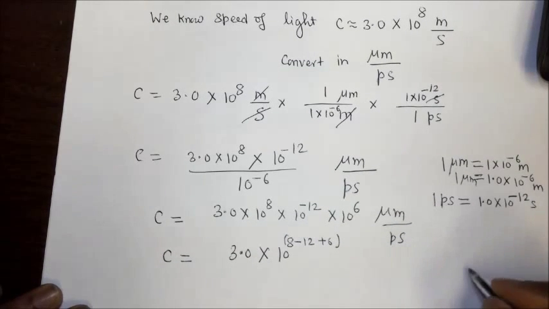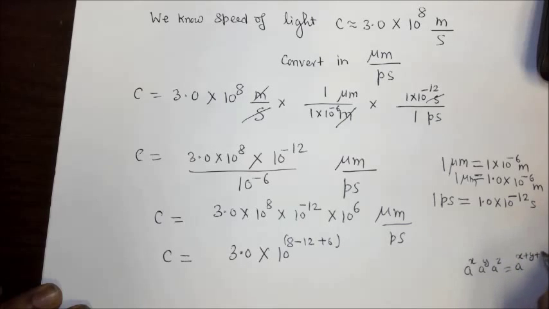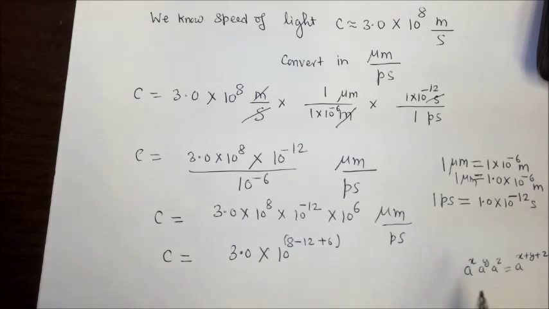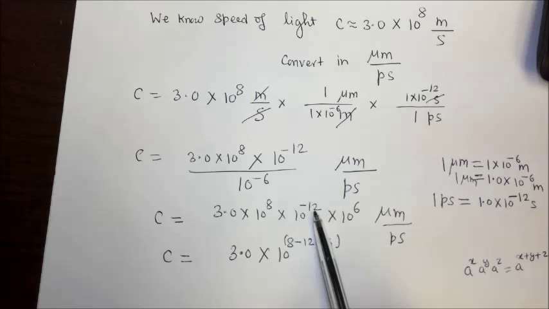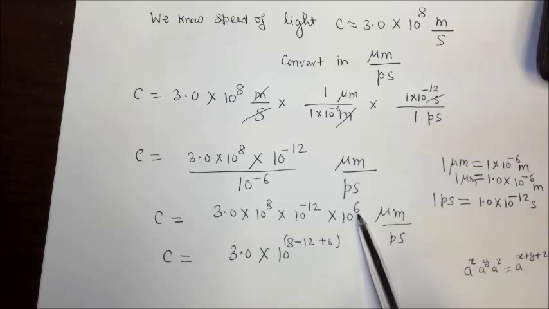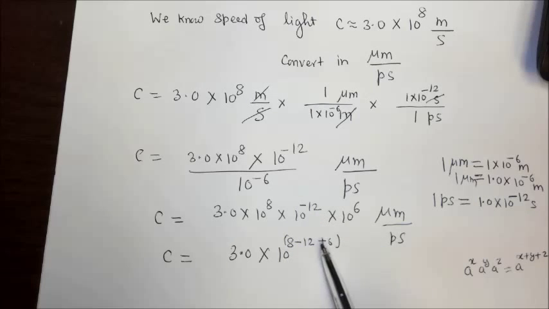You might have learned that a to the power x times a to the power y times a to the power z is a to the power x plus y plus z. So you can think that a is 10, x is 8, y is minus 12, and z is 6. So that's how it becomes 8 plus minus 12 plus 6, and plus minus makes it minus.